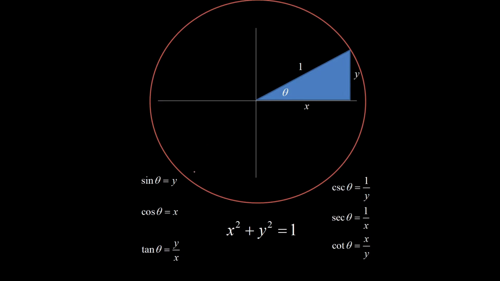Now what's simpler to deal with here is sine and cosine. And remember, once we have sine and cosine, we can get all the other functions. But first, on a unit circle, radius 1, sine is equal to y, and cosine is exactly x.